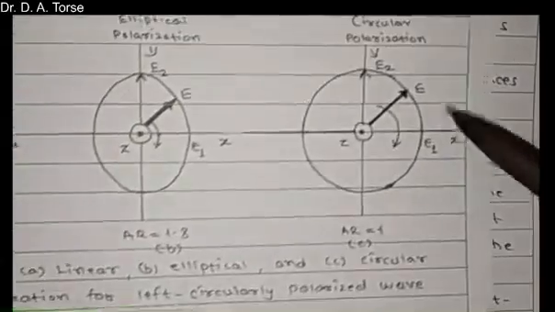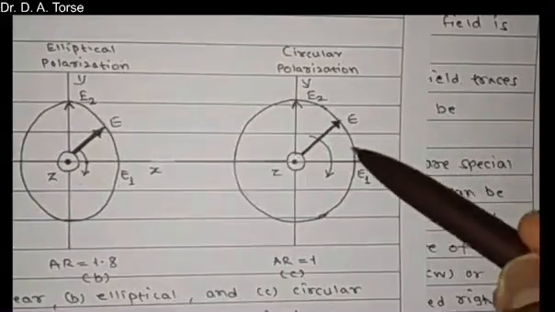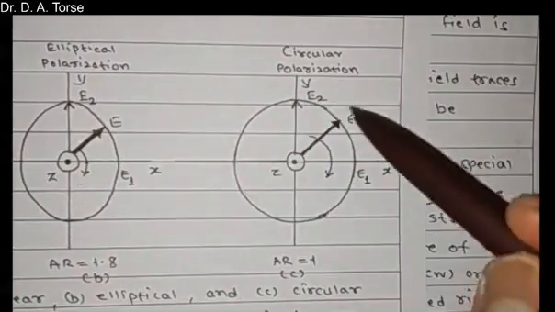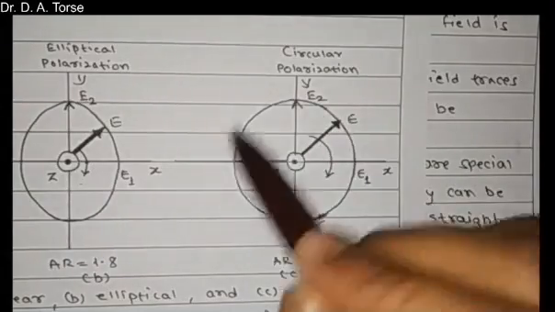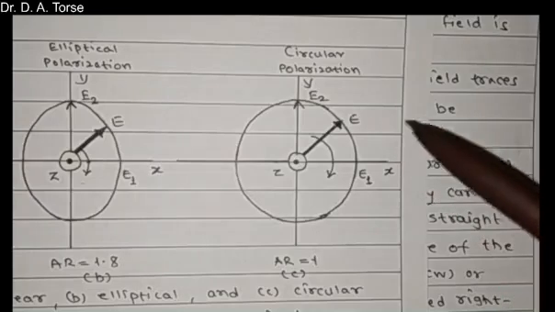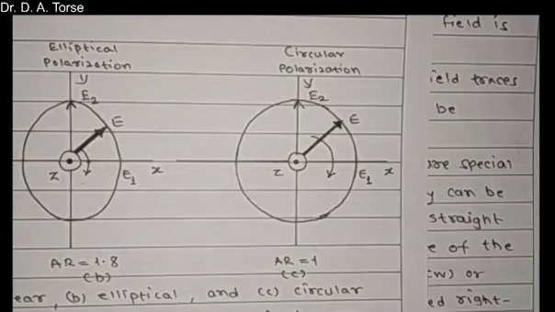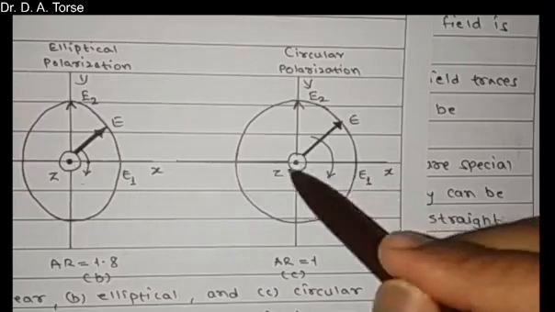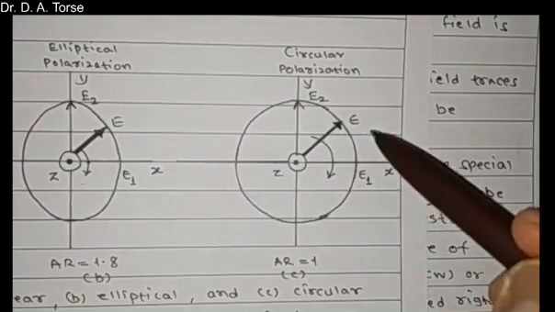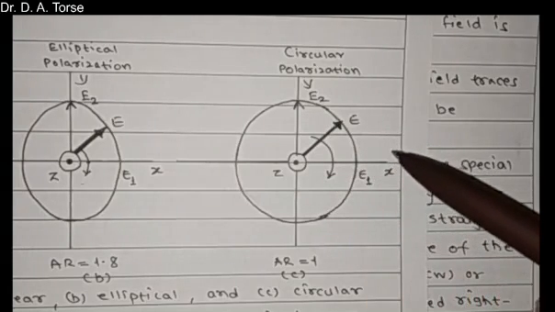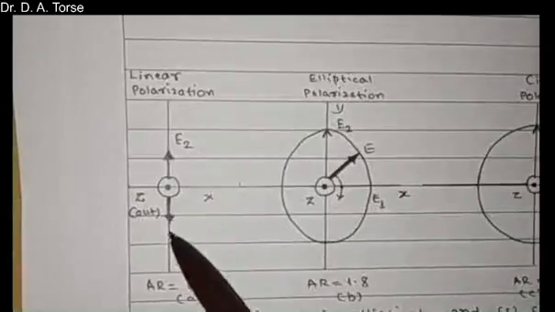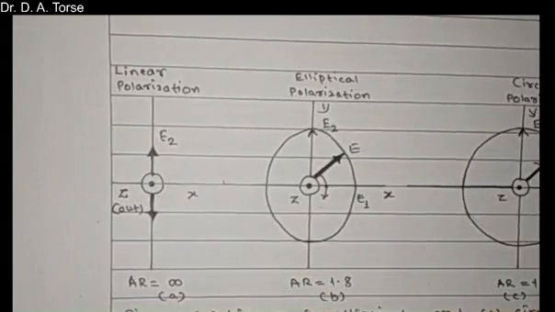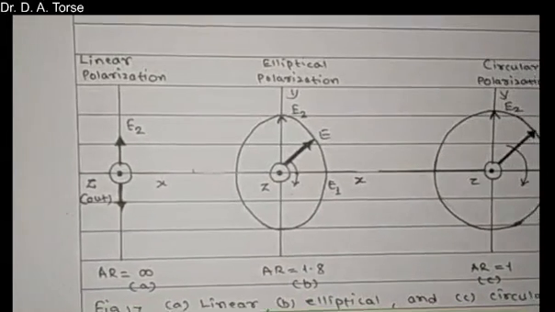In circular polarization, we can see the electric field traveling from the antenna traces a circular path. The two extreme cases of elliptical polarization are circular polarization, where, as it is a circle, the radius E1 and radius E2 are both the same, and linear polarization, as shown in the first diagram, where the value of E1 or E2 is 0.